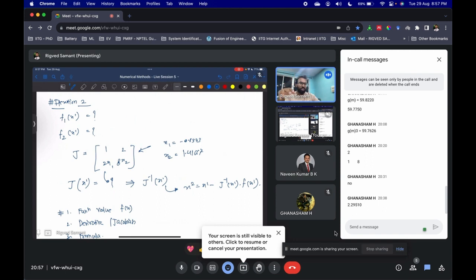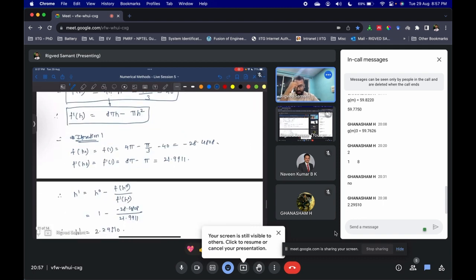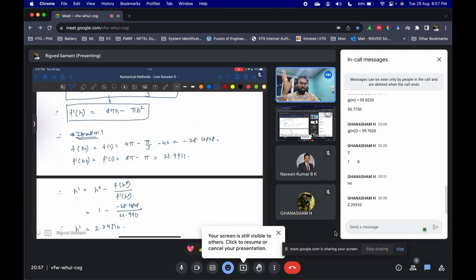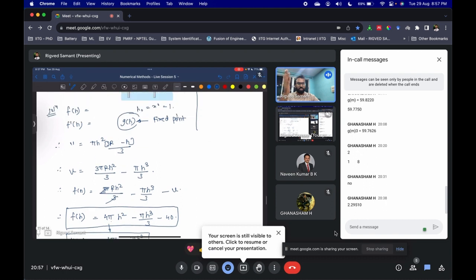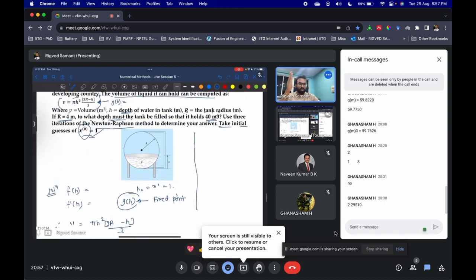From g of x, you will take its first derivative, and evaluate it at the initial guess. If the derivative's value at that initial guess is negative, then you will consider that function to solve the fixed point iteration. In numerical methods, you just have to consider that the slope of the equation is not going to 0, otherwise you cannot use the method.